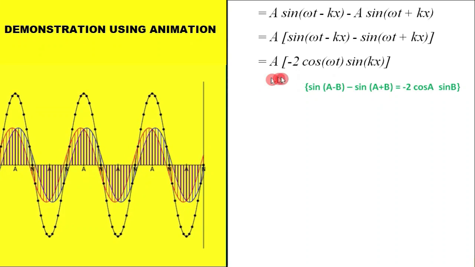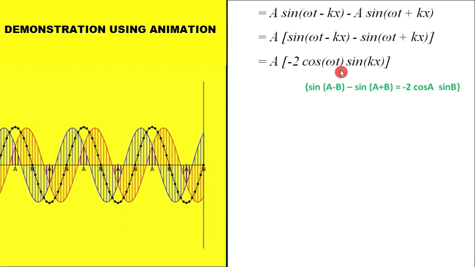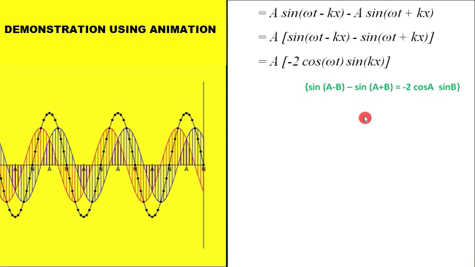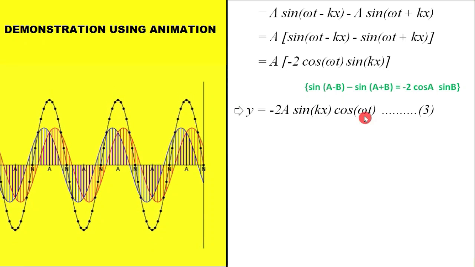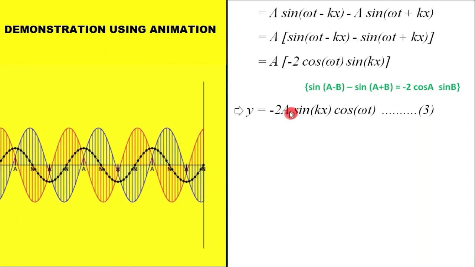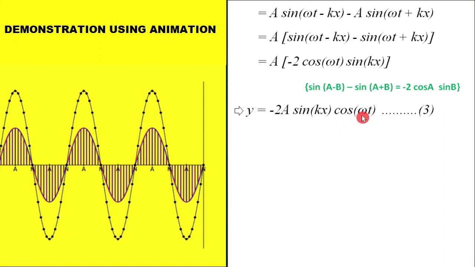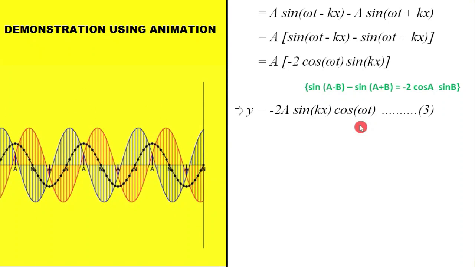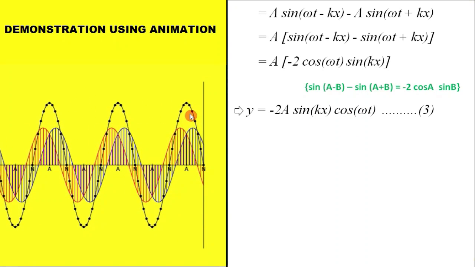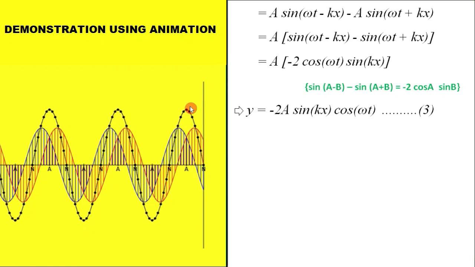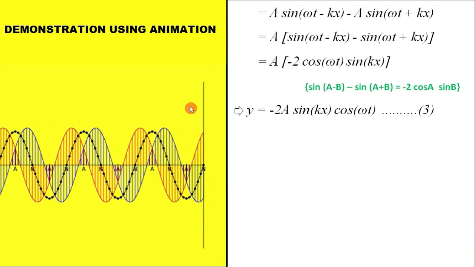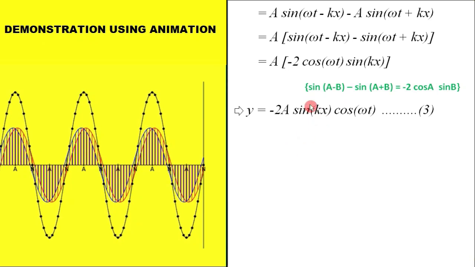So I am writing that answer here: minus 2 cos omega t into sin kx. Now I can rearrange that equation like this: minus 2a sin kx into cos omega t. So this is the equation of this black wave, or the superposed wave, that is coming from the superposition of y1 and y2. That is how we got this equation.